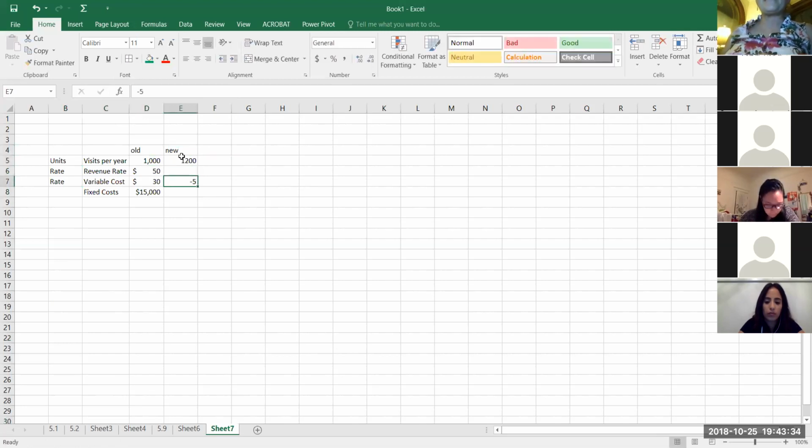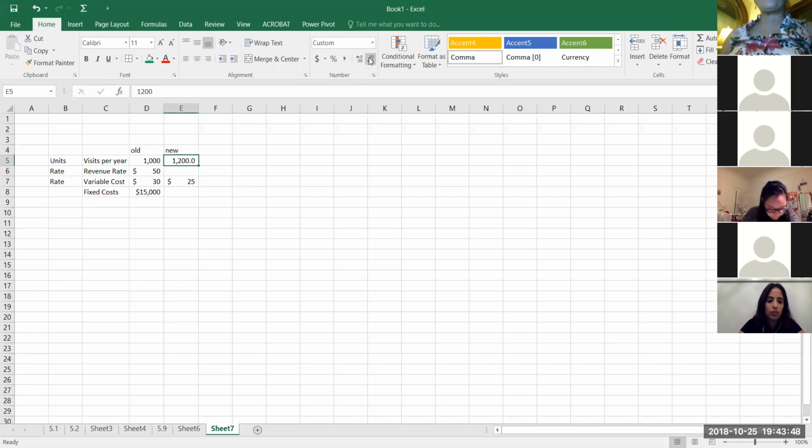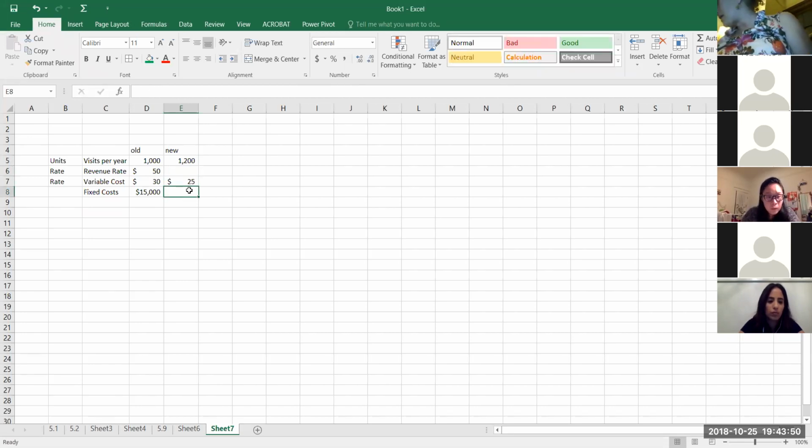They're saying that they're going to decrease variable cost by 5. So let's take the 30 minus 5. That'll be the new number. And again, your new unit number will be 1,200.